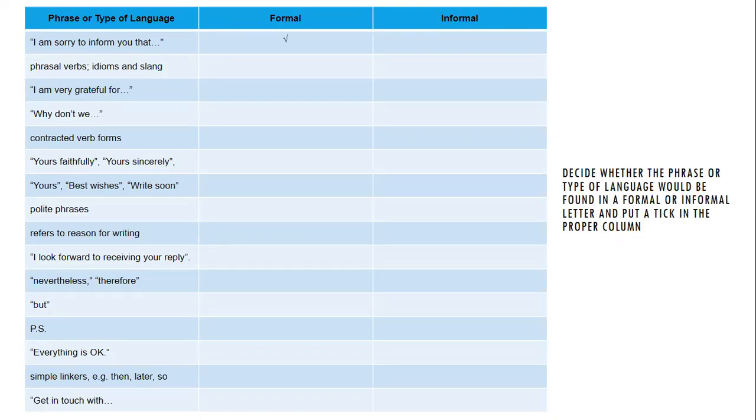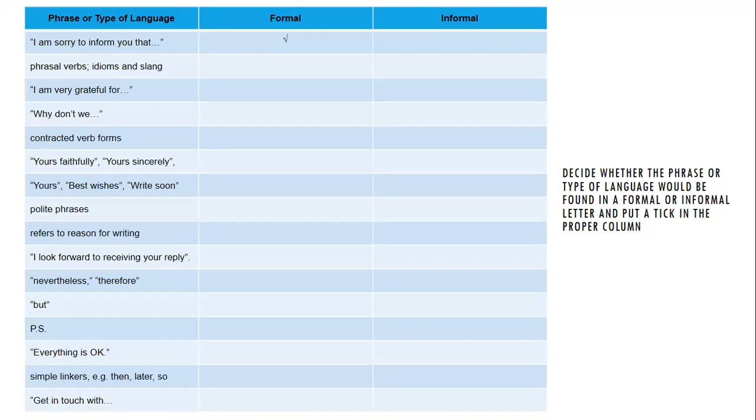No, phrasal verbs, idioms, and slang. Formal or informal? Informal. Ya, jadi yang menggunakan idioms, menggunakan slang, slang itu masuk ke informal writing.